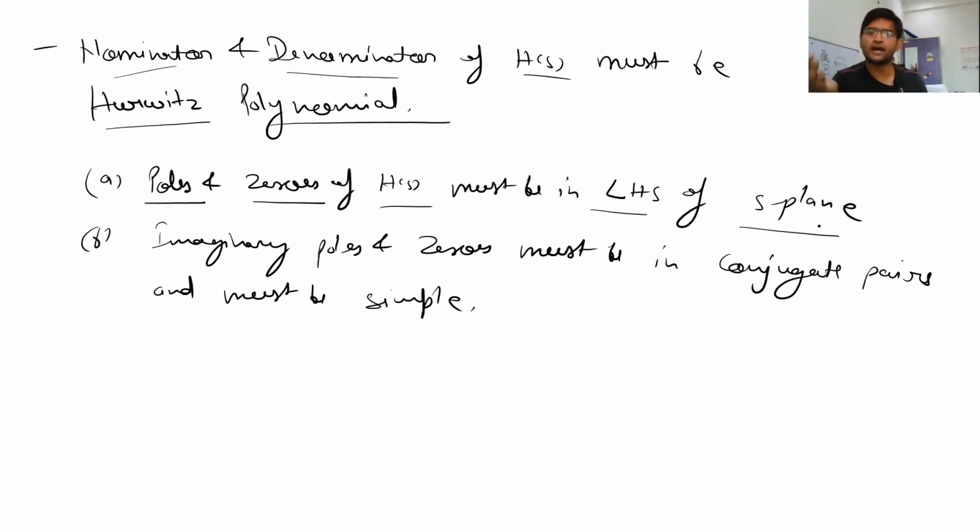And if they are on the imaginary axis, which is the second point, then they must be in conjugate pairs. Like if one is at plus j omega, then the other one must be at minus j omega, and they must be simple, which means that there should not be two poles or two zeros at a single point on the imaginary axis. You will get more clarity on this in the next slide.